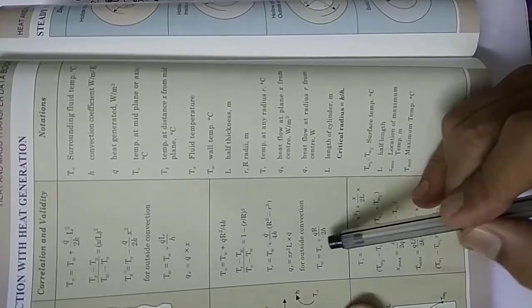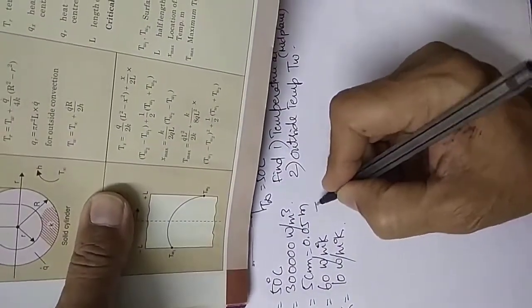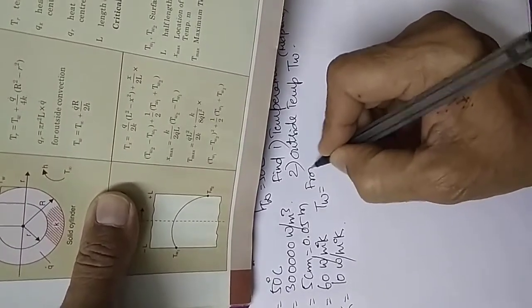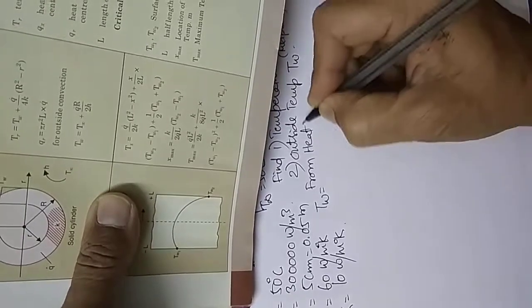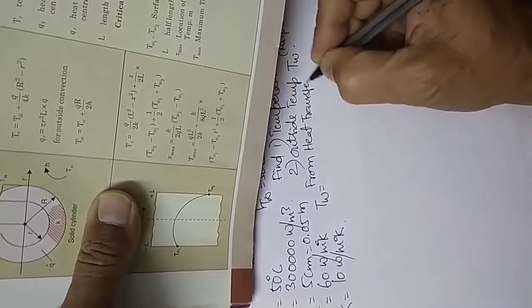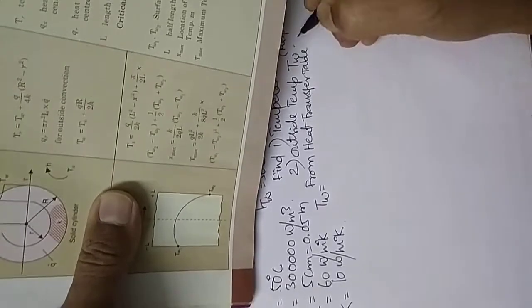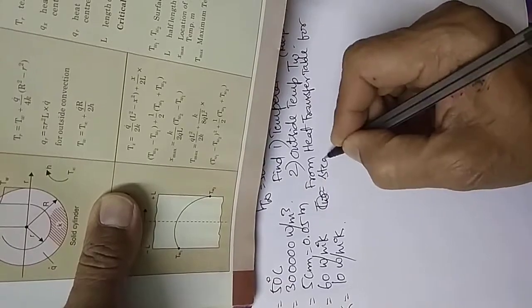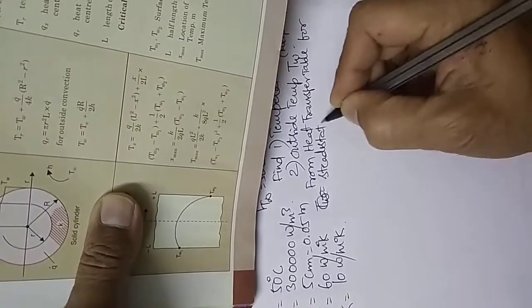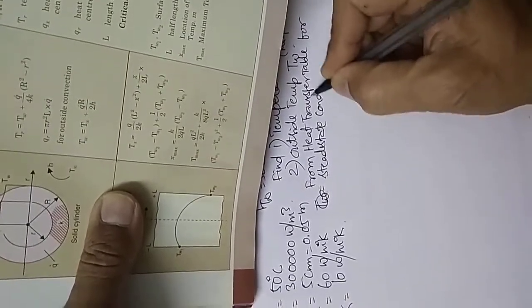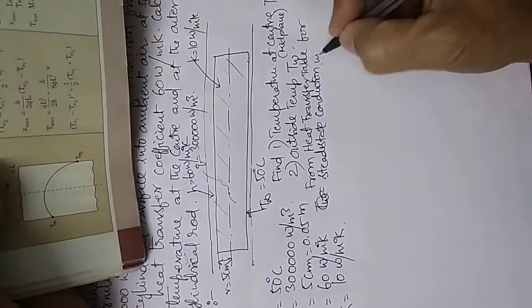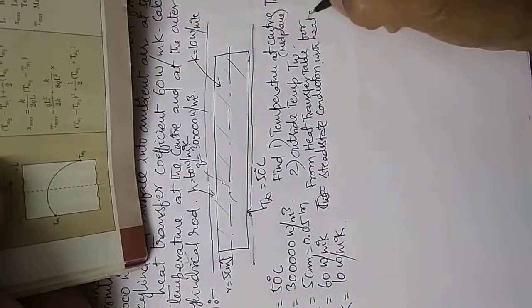So first let us find the TW. What is TW? We can write from the heat transfer table, for steady state conduction with heat generation.